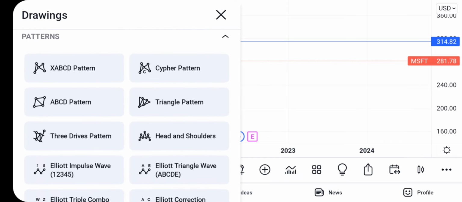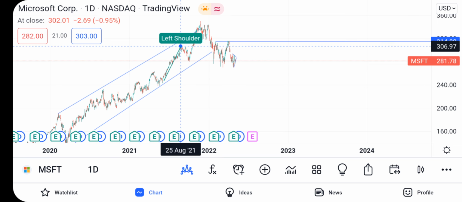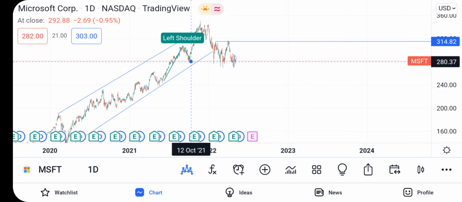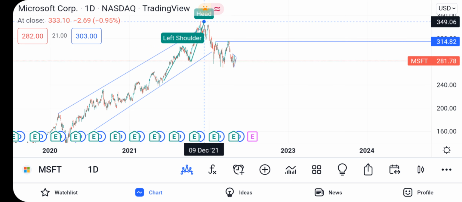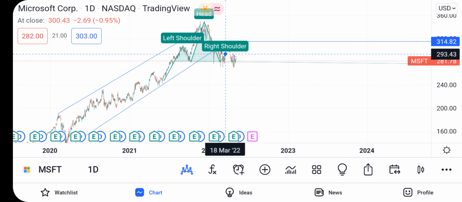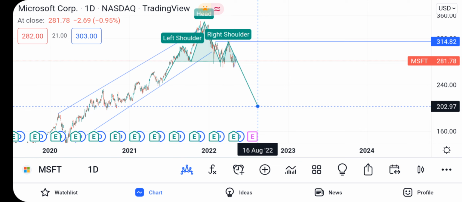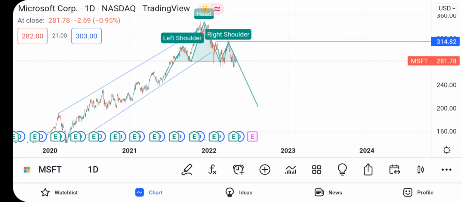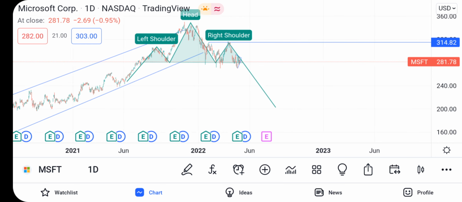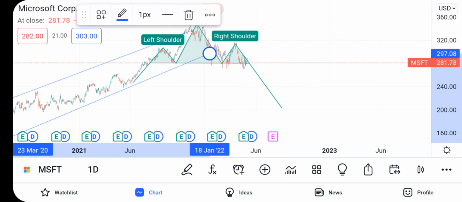That is our left shoulder, that is our head, if you agree with me, and this is your right shoulder, pushing the market to the downside. It's clear, everyone is seeing it clearly. Let me just remove it.